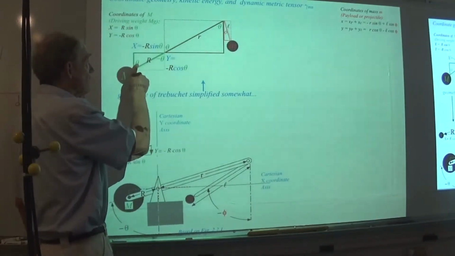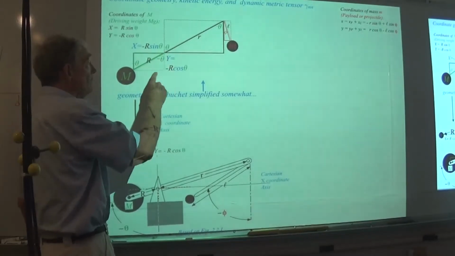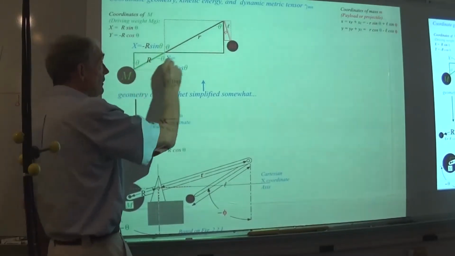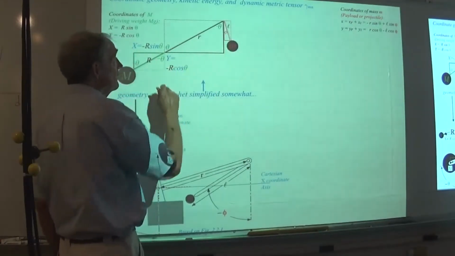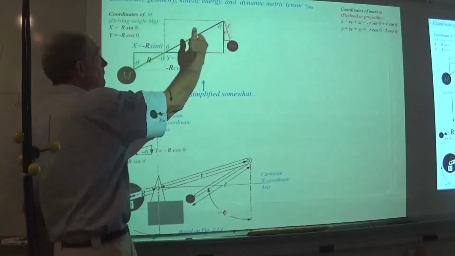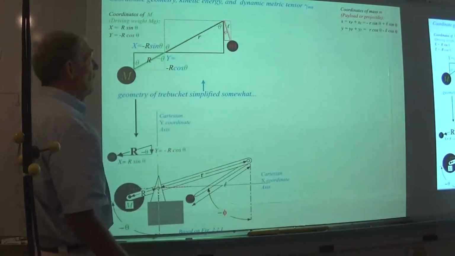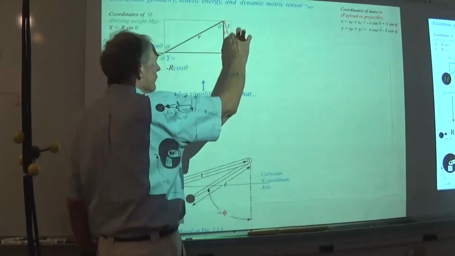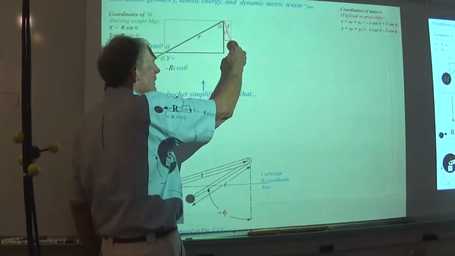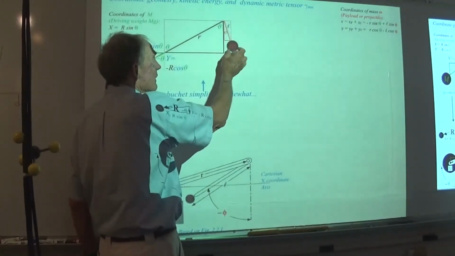And let's see what else here. This angle here is the same as this angle right here, similar triangles. And it's the same as this angle for the big black triangle that's holding the major portion of the lever that's going to do the throwing. And then for the moment we're imagining just a very short length of the string right there.